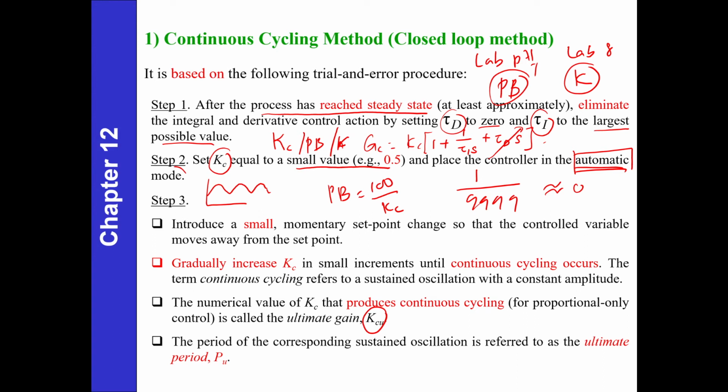The sustained oscillation is just an indicator that this is the correct value.